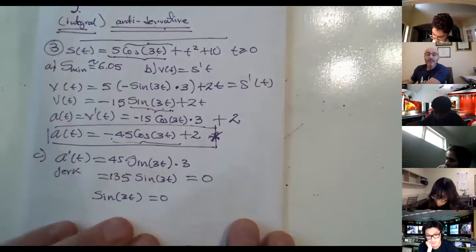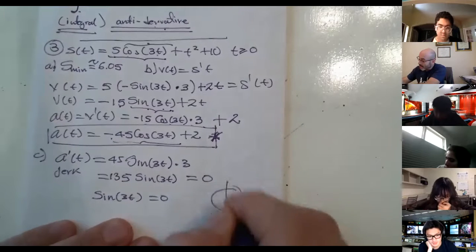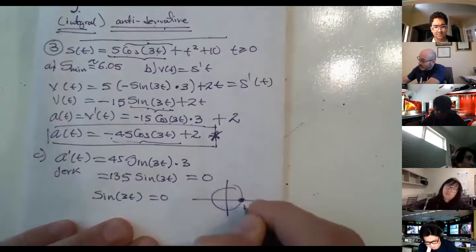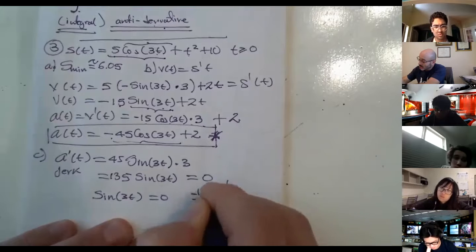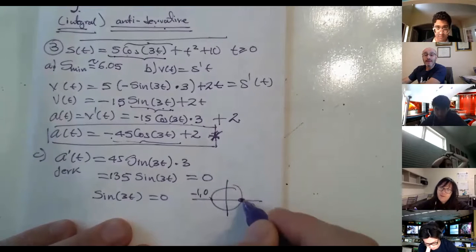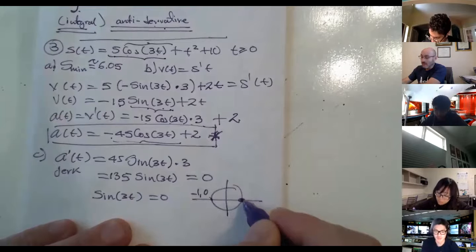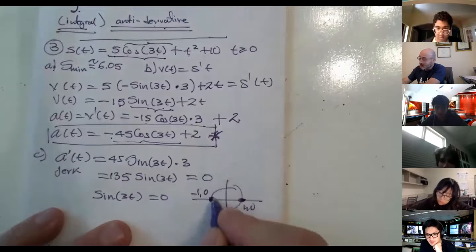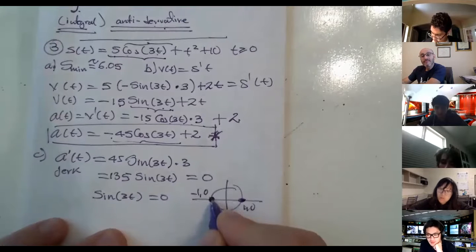Now, when is sine equal to 0? It's 0 at 0, but obviously that is not the max. So pi. It has to be here, because the first time around that is 0.